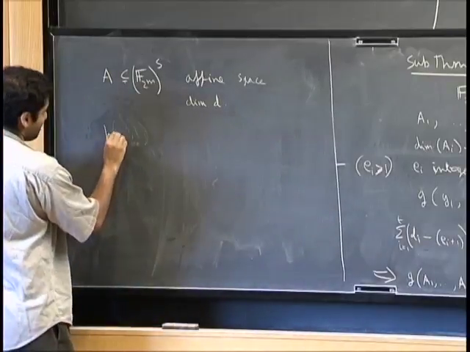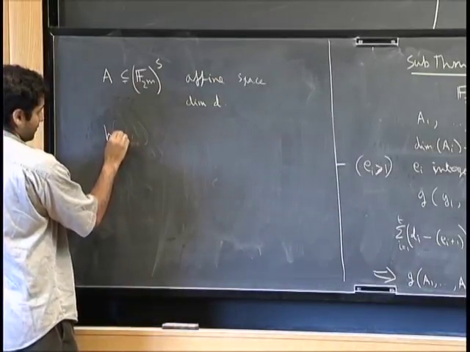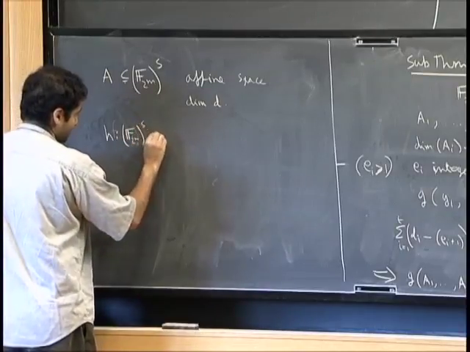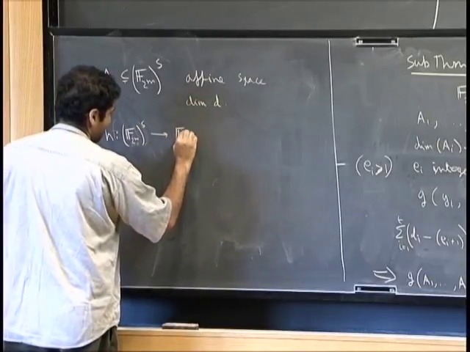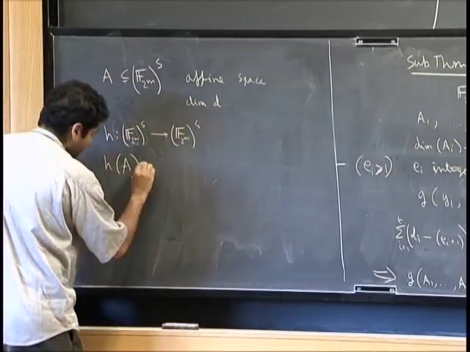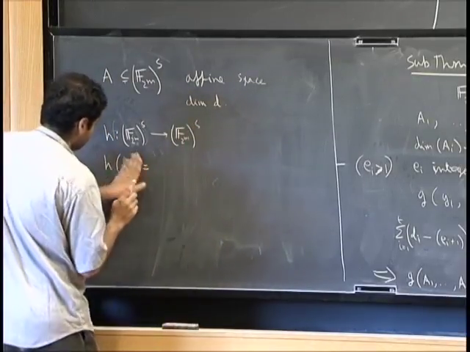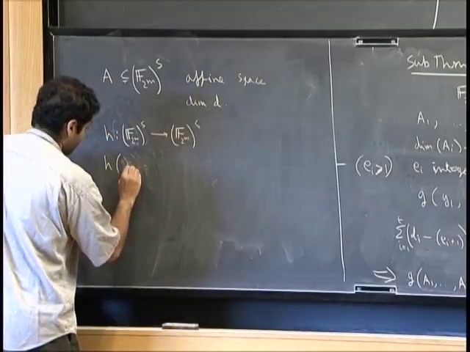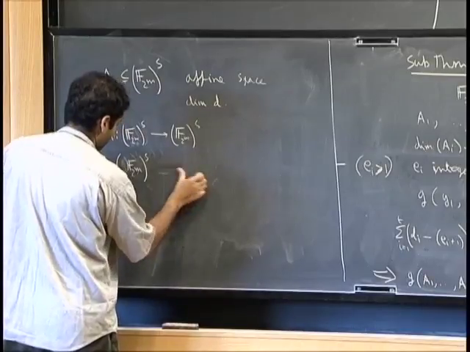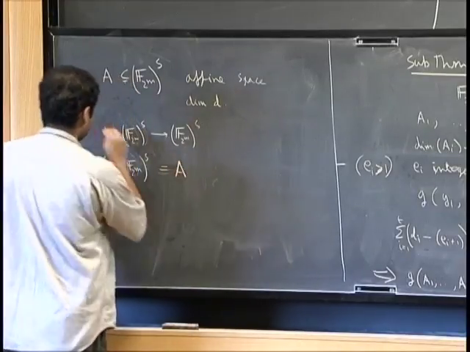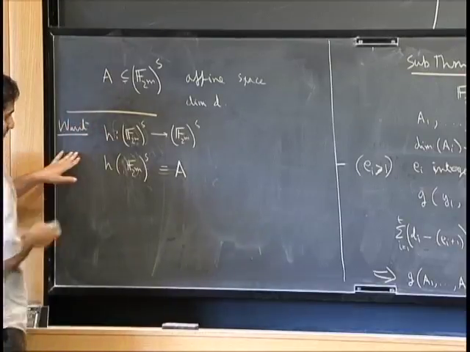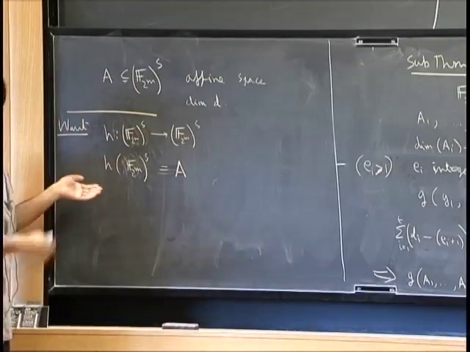So we'll have some map H from F2 to the m to the s to F2 to the m to the s, such that the image of H is all of A. Okay, so we want such a map first, and hopefully H given by explicit polynomials.